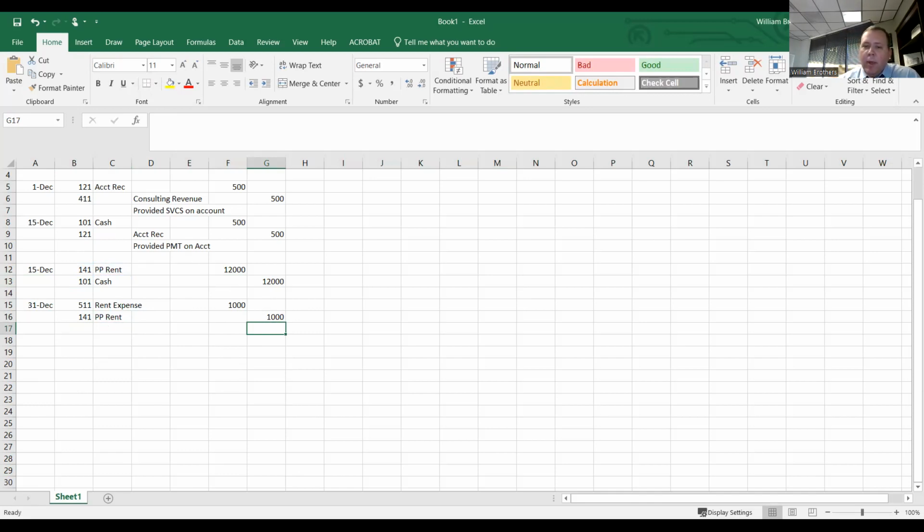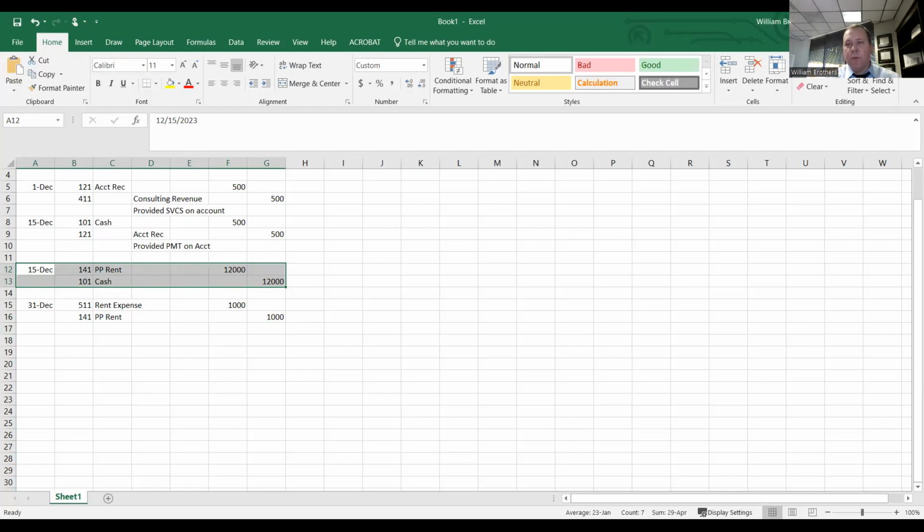Now, why do we do it that way? If I was to take this full balance and recognize this $12,000 as an expense in the first month of the year, then for that particular month, I would have vastly overstated my expenses. For the remaining 11 months, I would be understating my expenses. And if I'm thinking about this from the standpoint of making informed business decisions, I really need to be able to factor out what is actually happening on a month-to-month basis.